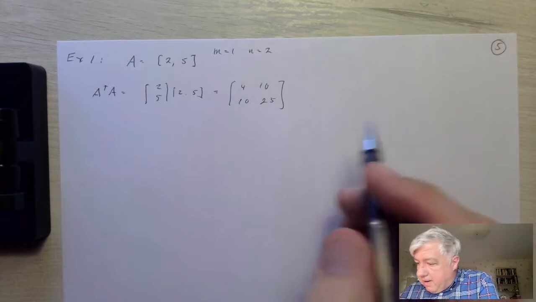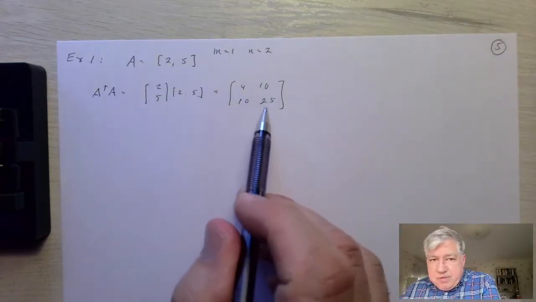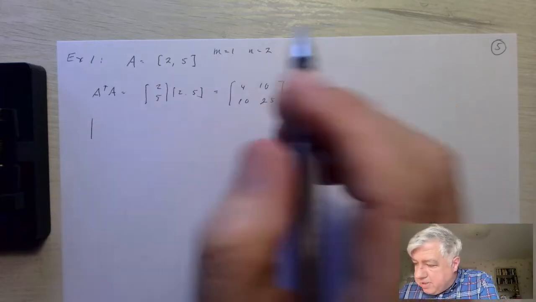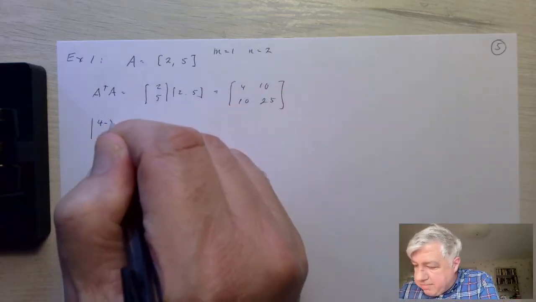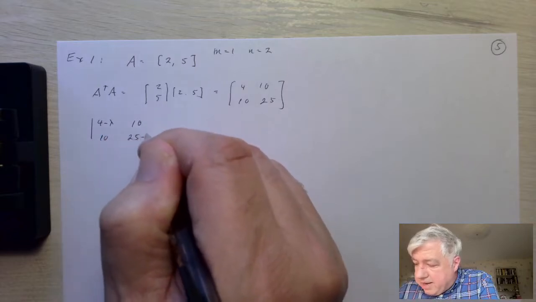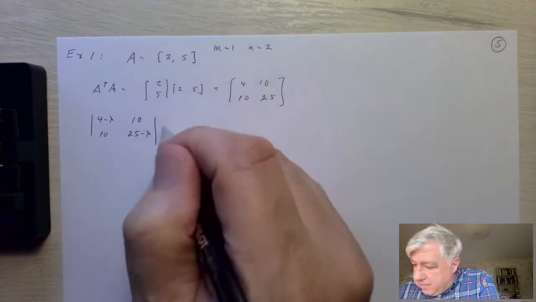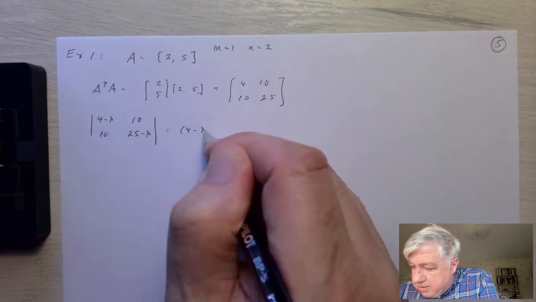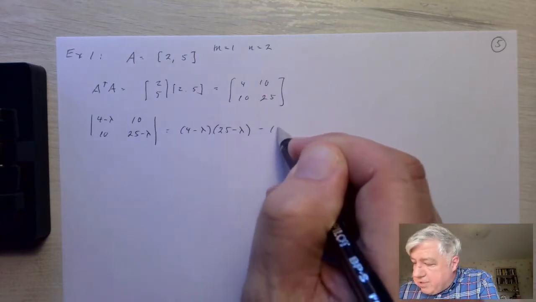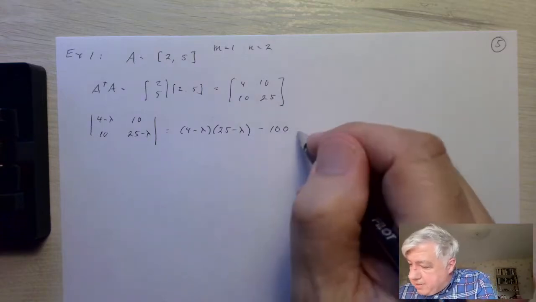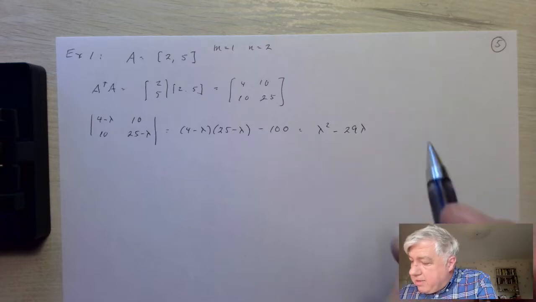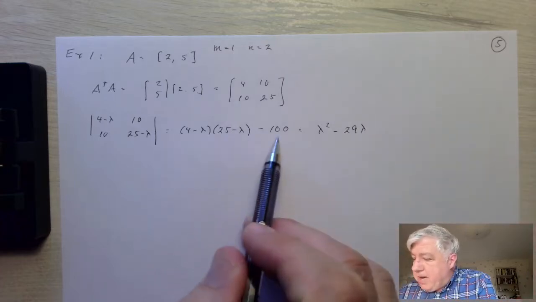We want to find the eigenvalues of this matrix, so we compute the characteristic polynomial. We compute the determinant of [4 minus lambda, 10; 10, 25 minus lambda]. This will be (4 minus lambda) times (25 minus lambda) minus 100, which is lambda squared minus 29 lambda plus 100 minus 100.